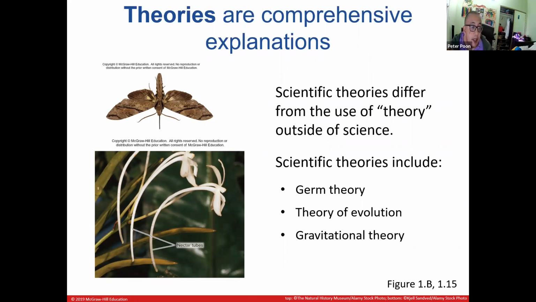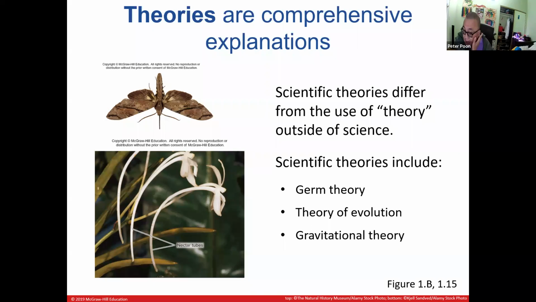The last part of this chapter is scientific theories. Scientific theories are comprehensive explanations. The word theory in science is very different than the word theory outside of science. When we talk about theories outside of science, we're kind of talking about a guess or hypothesis.